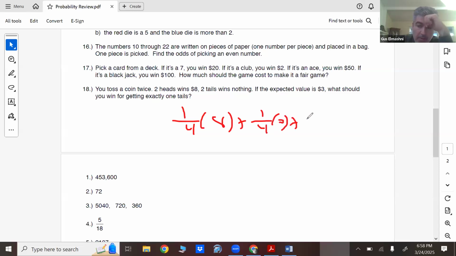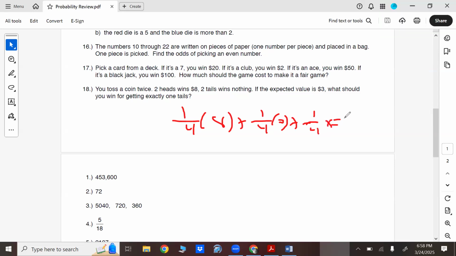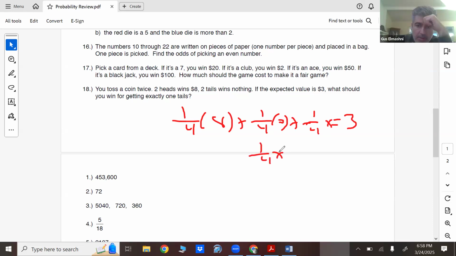Okay. If you get one tail, it's 1/2. Yeah, it's also a 1/4 chance. So 1/4 x.